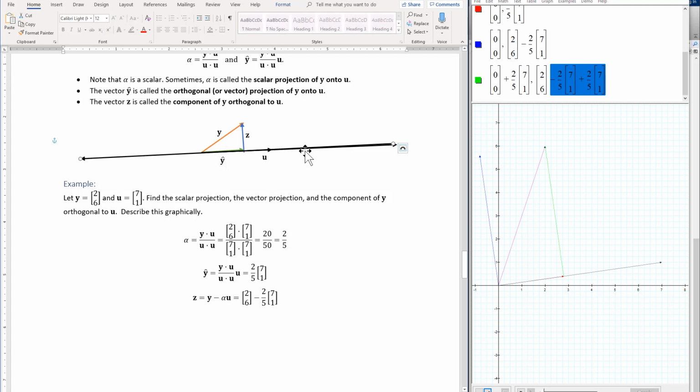So it doesn't matter what u is equal to. In this case, our y hat is always going to be the same y hat value, and so we're going to be getting the same z value as well.